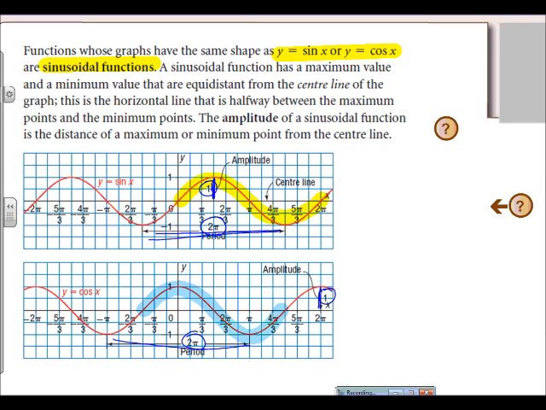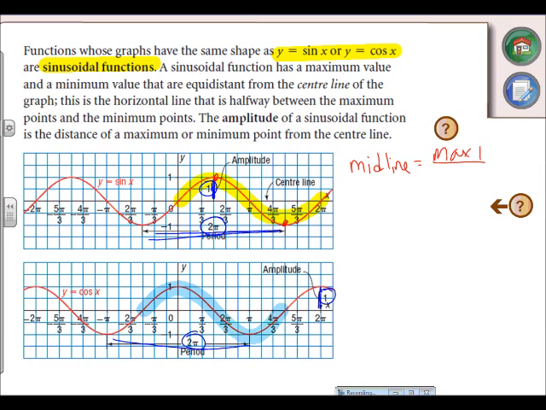So some things to be looking at: our center line, our midline, is halfway in between the maximum and the minimum values. So midline is halfway in between the max and min values. Or in other words, the average of the max and the min. So we're going to go max plus the min divided by 2.